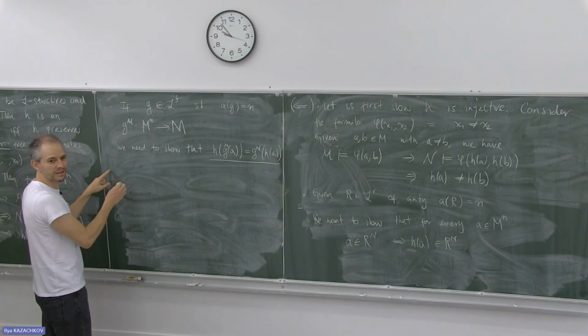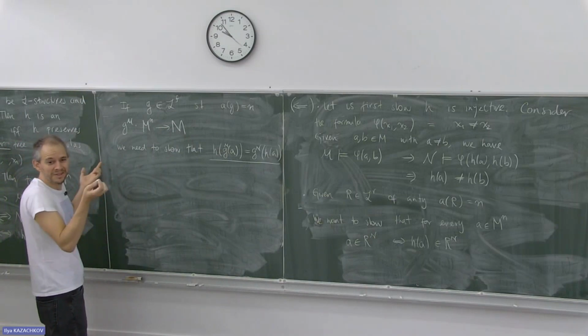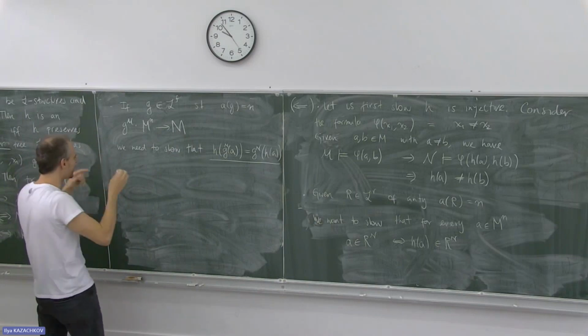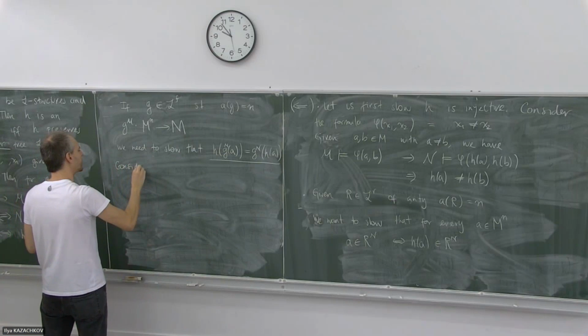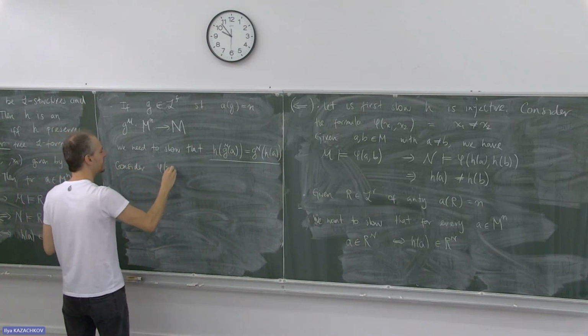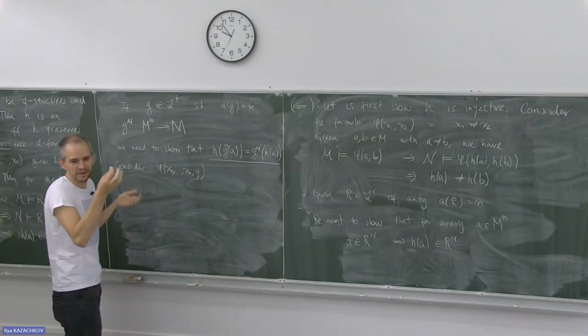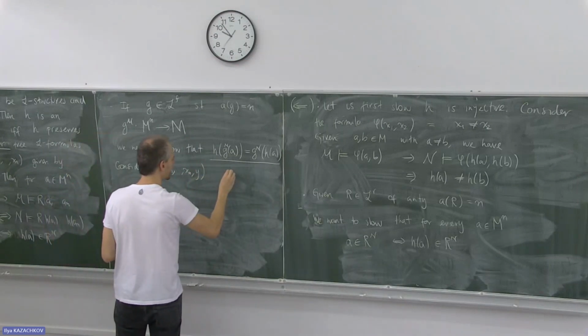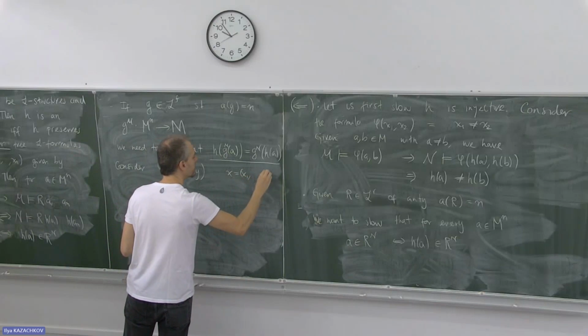Like the function with n variables equals x_{n+1}. Exactly. That's perfect. So consider the formula phi of x1, ..., xn. Let me put a different variable here, y. And let's write x, which is just x1 up to xn, right?